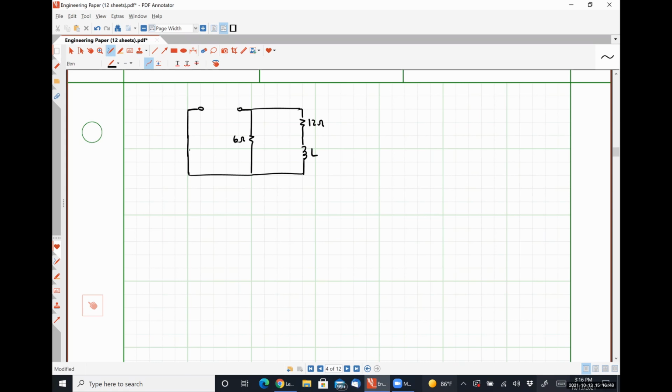Now, as I mentioned a moment ago, we are finding the Thevenin equivalent resistance from the perspective of the inductor. So what do we need to do? Take the inductor out and look in through its open circuited terminals. So I'm going to pluck this inductor out, and we're going to look in.